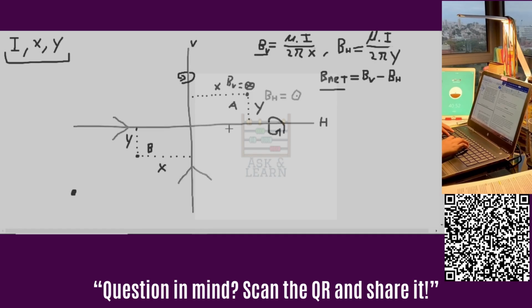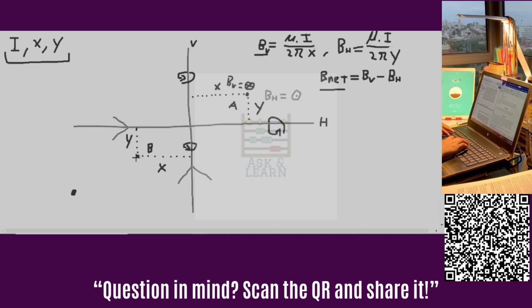But we can take a look at directions here. For BV at this point, BV is our vertical wire here. We are at distance x, same as in the first step. But in this case, if you point your thumb up, your fingers curl up, so it's going to be coming up and around, like that.